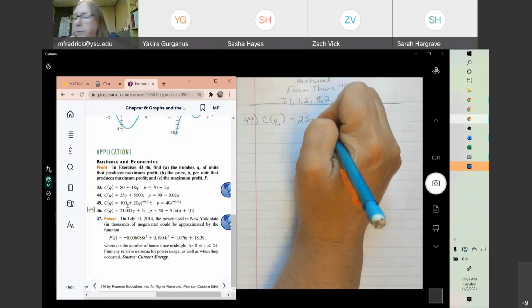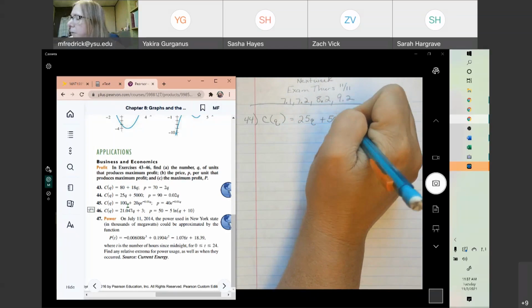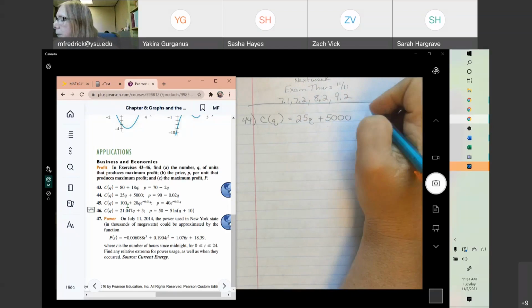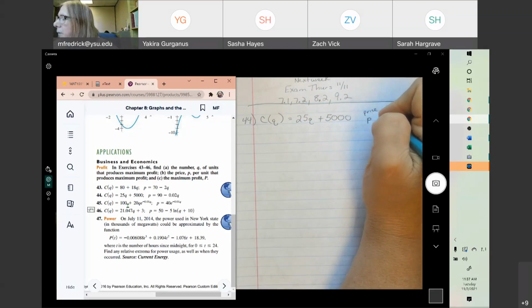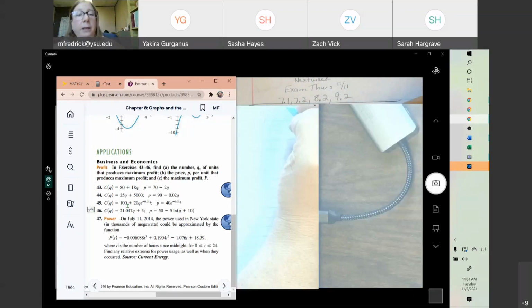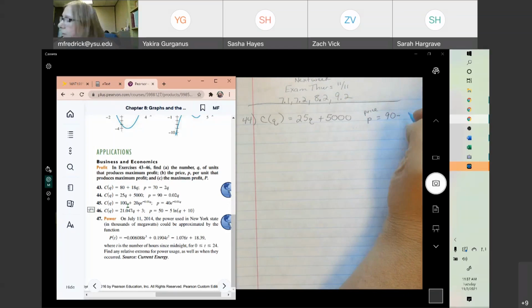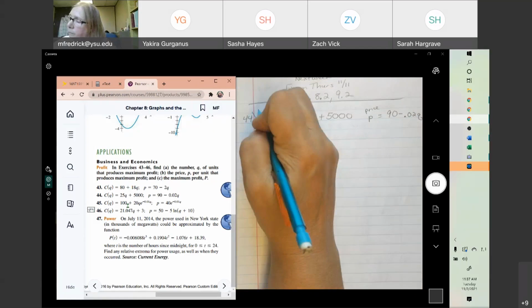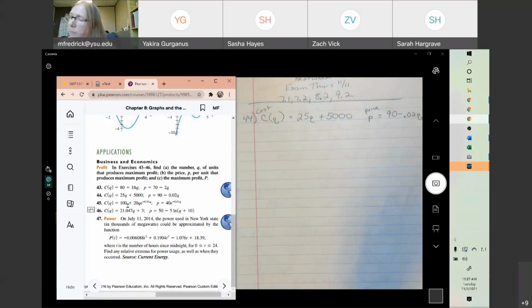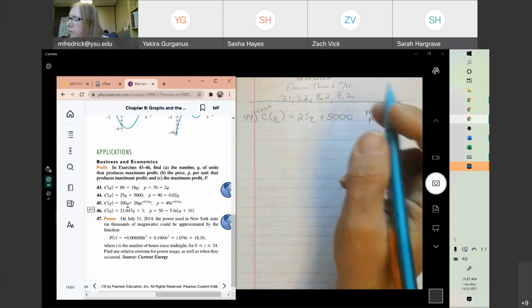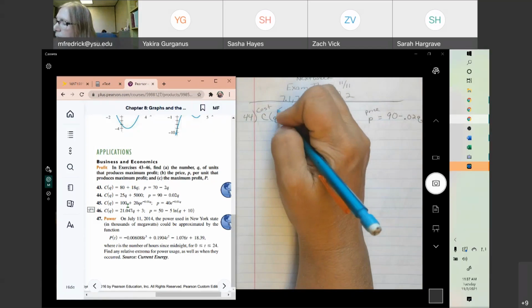Cost is 25Q plus 5,000, and price, because it's a lowercase p, equals 90 minus 0.02Q. Q is just per unit.